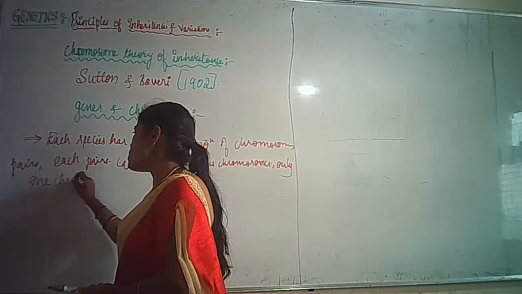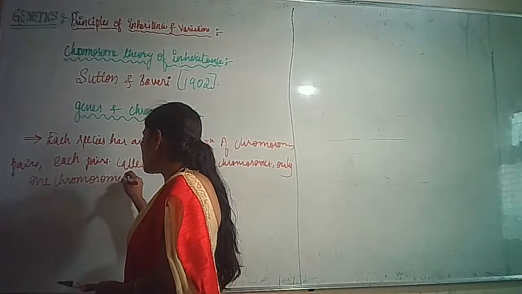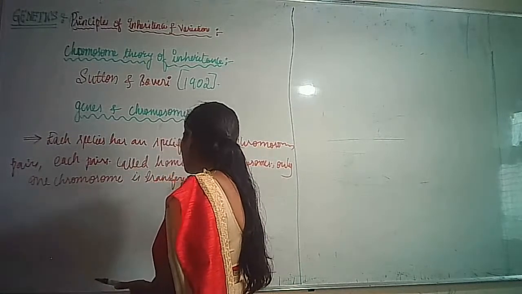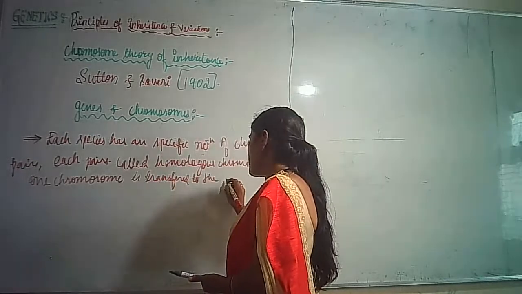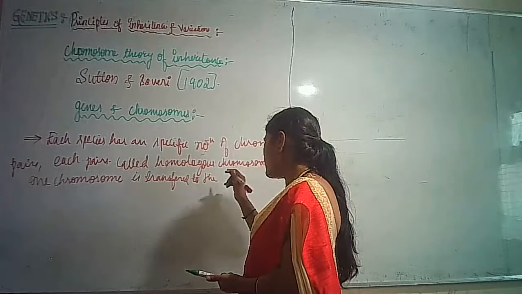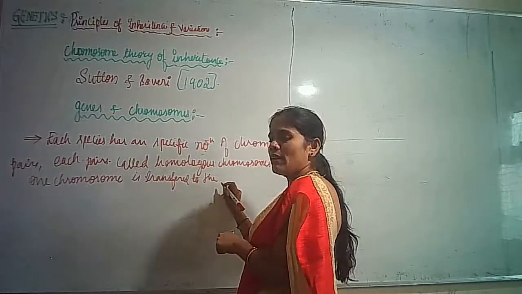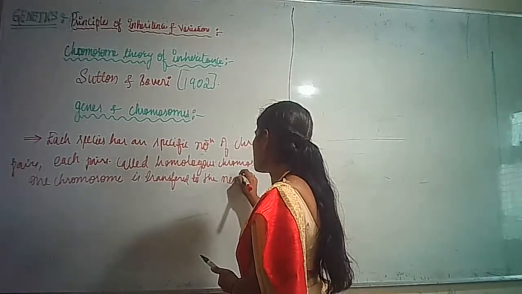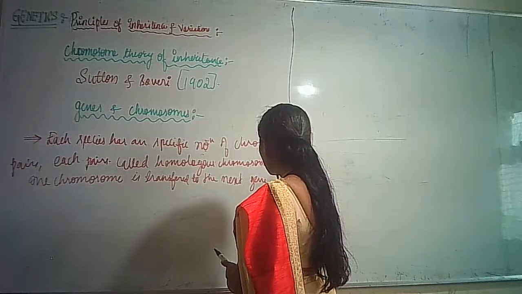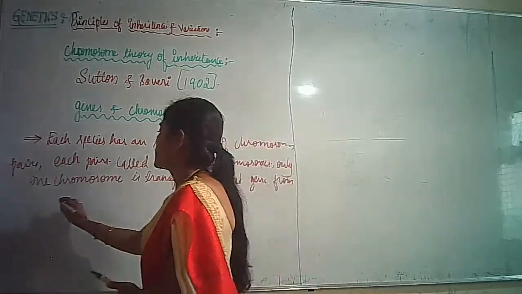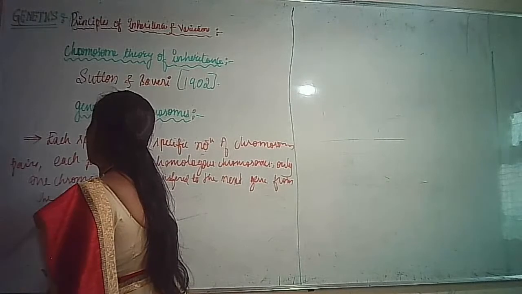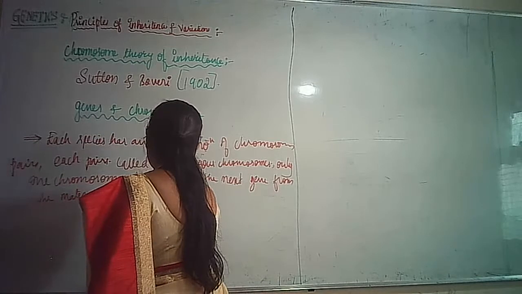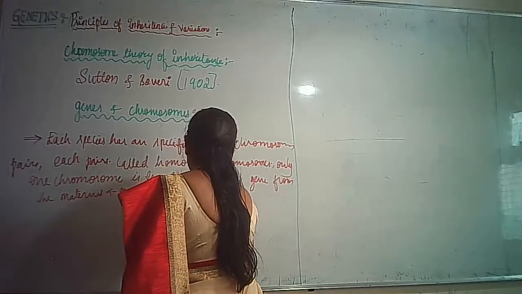Among these homologous chromosomes, only one chromosome is transferred to the next generation: one from the maternal parent and one from the paternal parent.